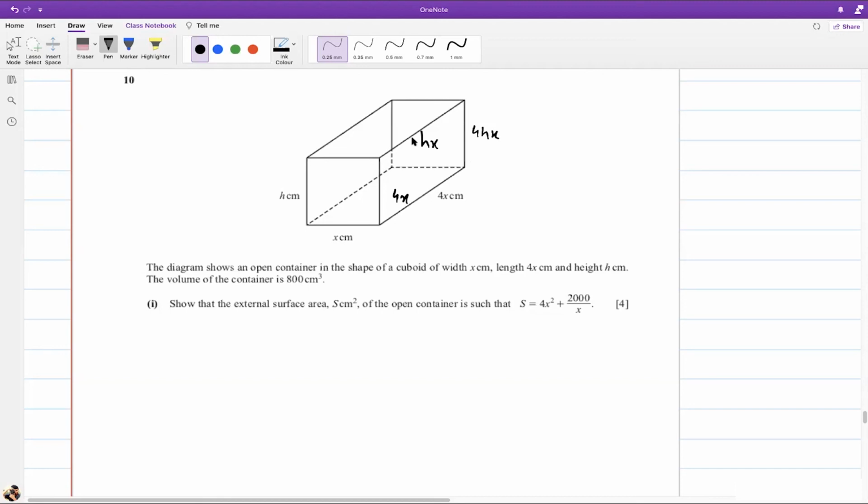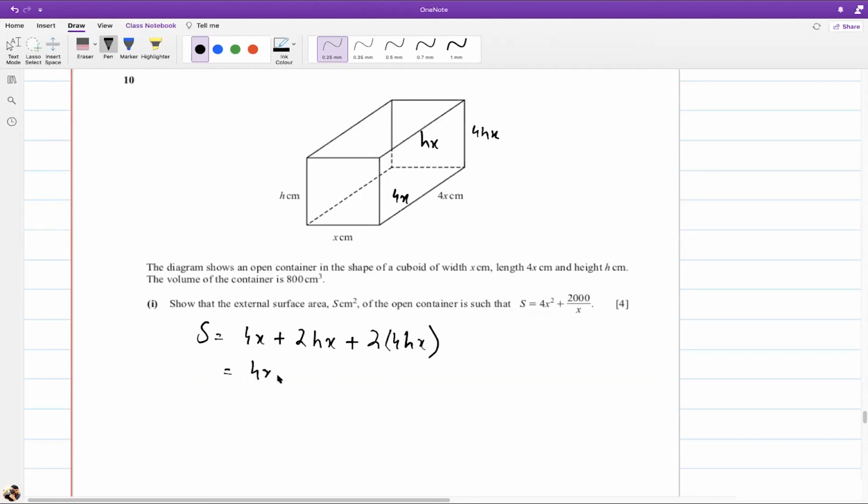ठीक है. तो हमारे पास अब टोटल सरफेस एरिया क्या आएगा, बॉटम प्लस 2 sides, so 2 times hx plus 2 of the adjacent sides, so 2 times 4hx. ठीक है.